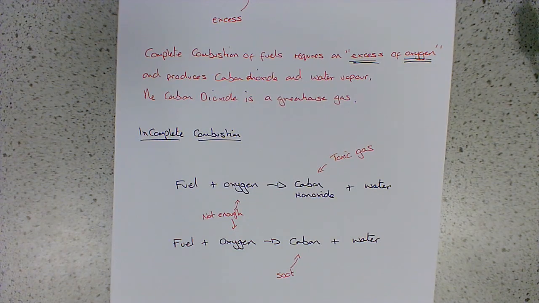If there's a lot of carbon, a lot of soot in the atmosphere, then what you can find is the light can travel smaller distances. So if you take an example, if you were to climb to the top of Mount Snowdon, so on 2 different days you've climbed to the top of Mount Snowdon and you want to look at the view. Now on both of these days it is a clear sunny day, no clouds, but on some days you can see further than others.